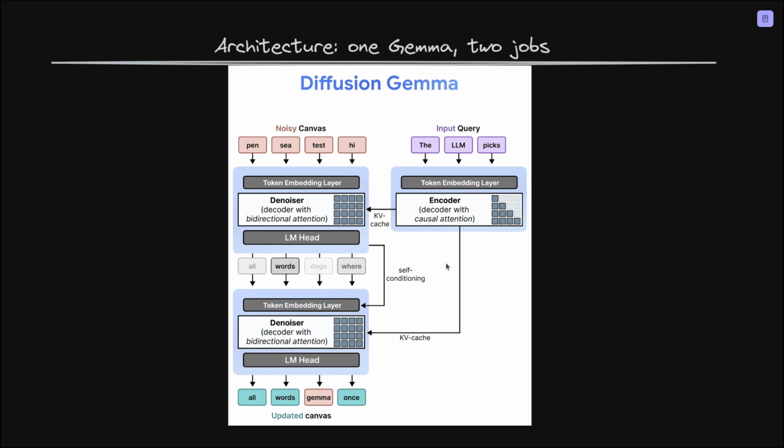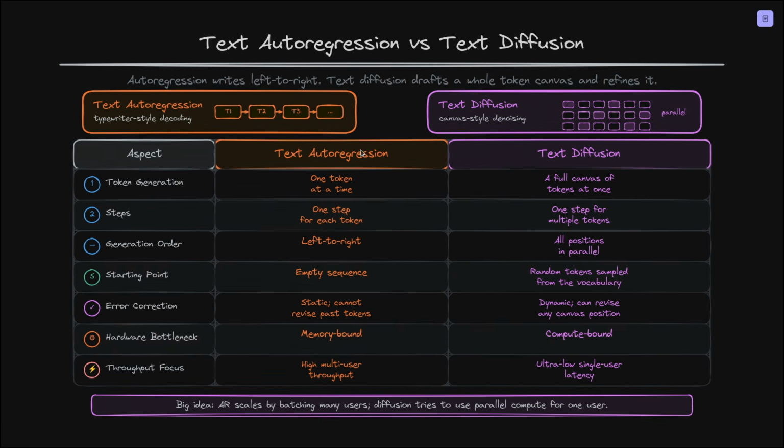Now we can compare the two methods directly, yeah? So autoregression writes left to right, while text diffusion drafts the full canvas and refines it in parallel. We can see it here, and this is autoregression. So now let's summarize the differences. Token generation: one at a time, versus a full canvas of tokens at once. Steps: one step for each token, versus one step for multiple tokens.